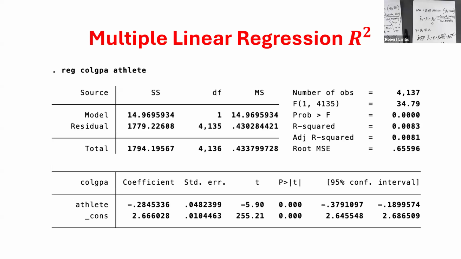So, looking at this with our previous two examples, just to have the Stata output here. Initially, when I just used student athlete, my R squared is like 0.008. So I'm explaining 0.8% of the variation that exists in college GPAs with just if someone's a student athlete. Looks like that doesn't matter a whole lot, right? Now, if I include SAT, do you think that is going to be a good or bad predictor of college GPAs?